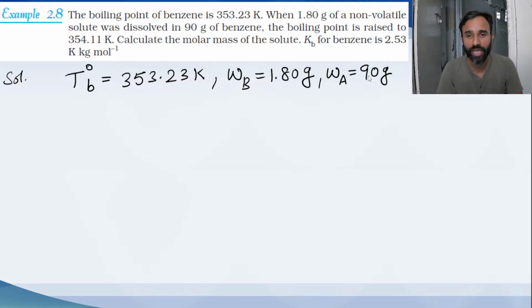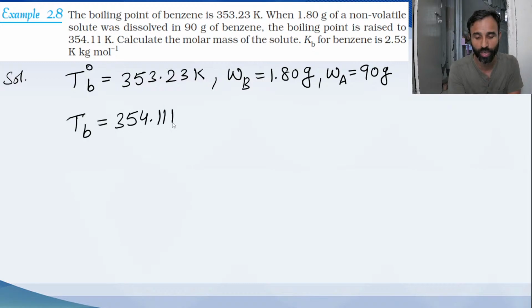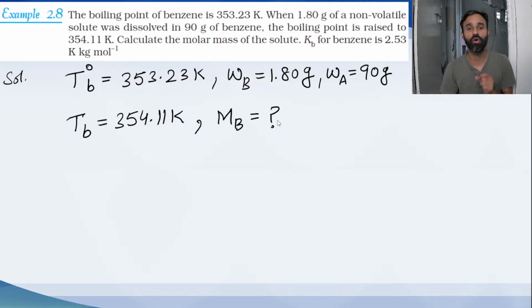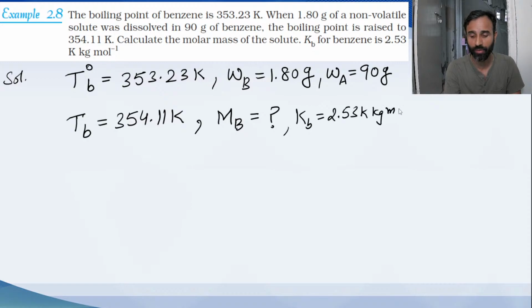So boiling point is raised to 354.11 Kelvin. Means now TB is equal to 354.11 Kelvin. So what we have to calculate? Molar mass of the solute, means MB we have to calculate, and KB is given to us, that is 2.53 Kelvin kg per mole, right?